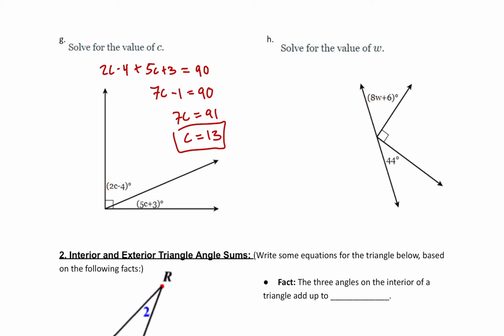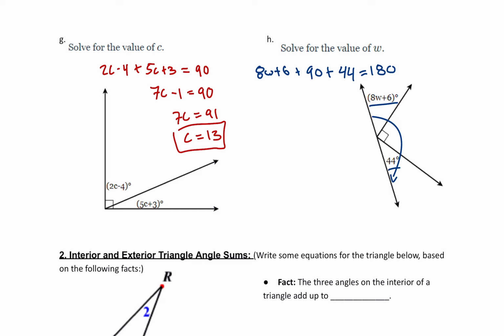So if I take all of my angles, 8w plus 6, I'm going to move it over here for the sake of room, plus my 90 degrees right here, plus my 44 degrees, I know that's going to equal 180. So these are supplementary. All of them together form a straight line.